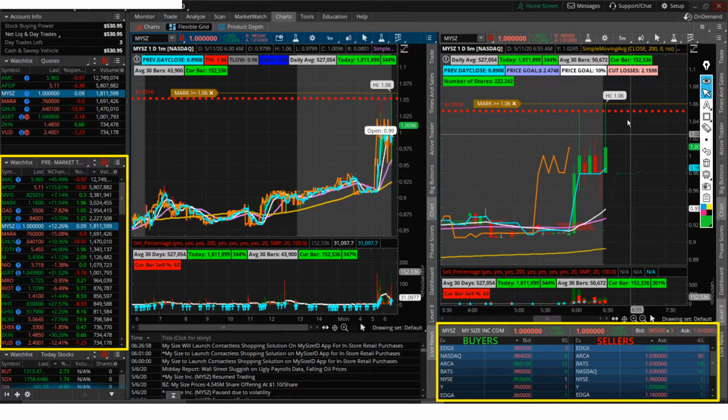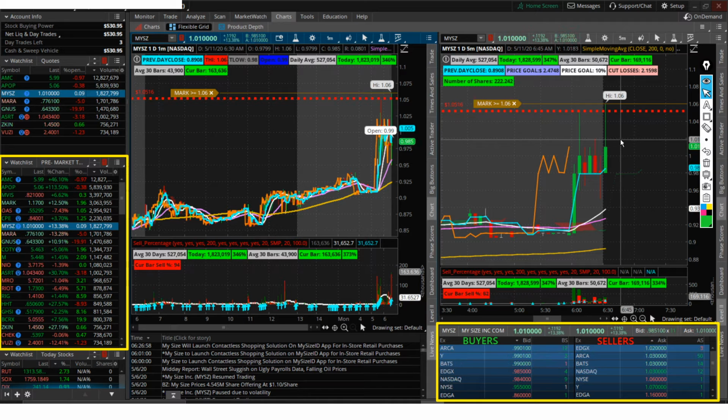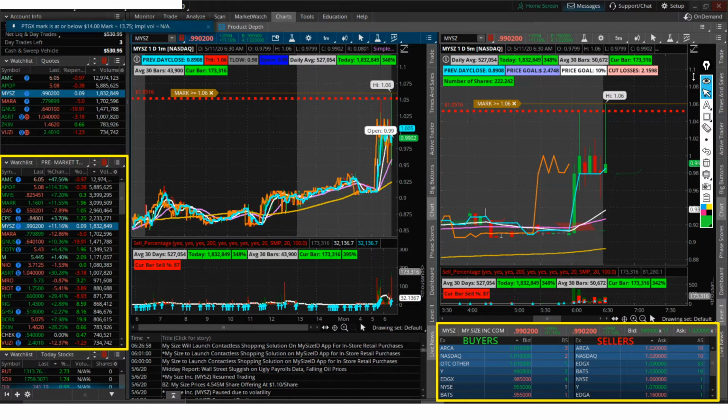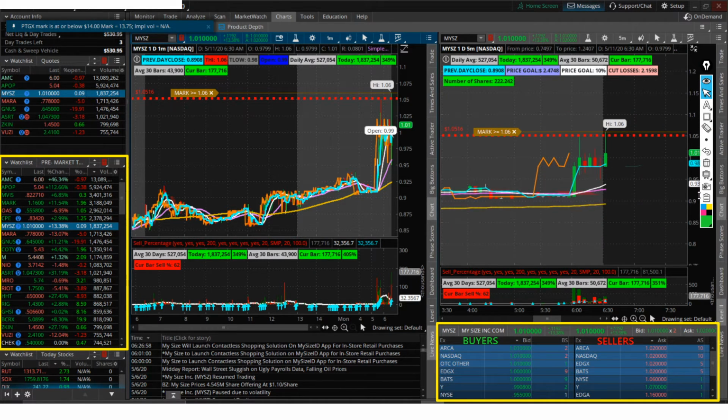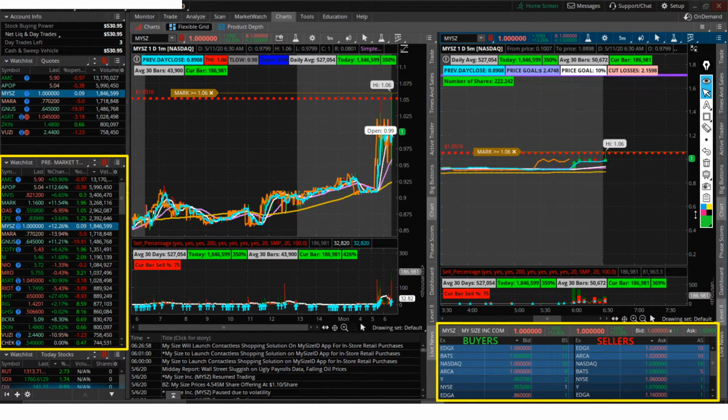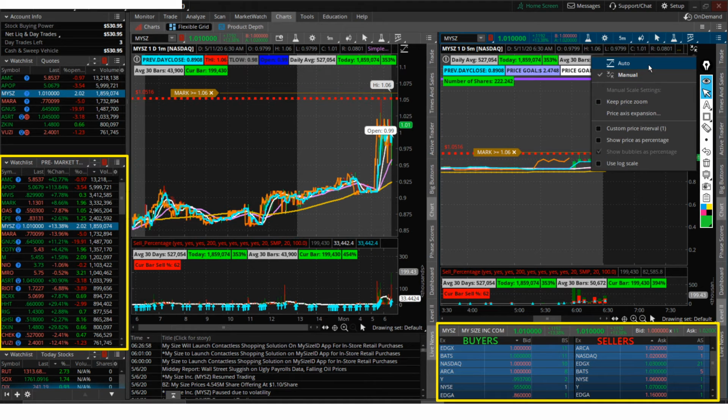MYSZ is one big one that I was watching from the get-go, like I had mentioned. And if it breaks off that $1.05, then we have the closer resistance at $1.05, and then after that it's at $1.80, it looks like.